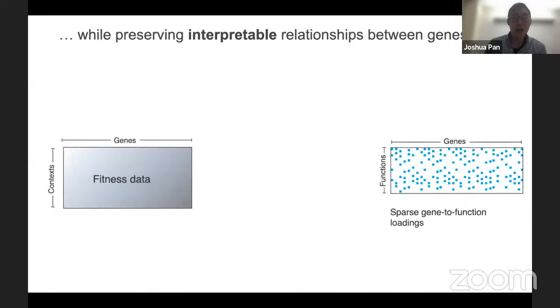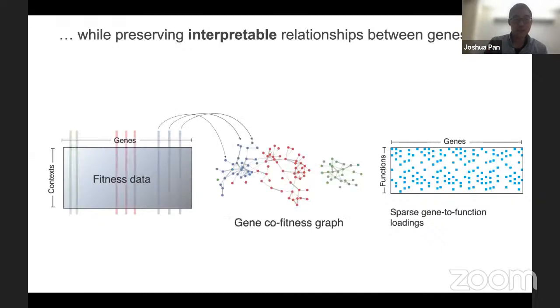There are a few other augmentations that we added to this task that allow us to preserve interpretable relationships between genes. Anshul's lab and others, hopefully on the call, have studied this. Gene effects have correlations that are highly informative of their biological functions and reflect the modular structure of pathways represented across cell contexts.